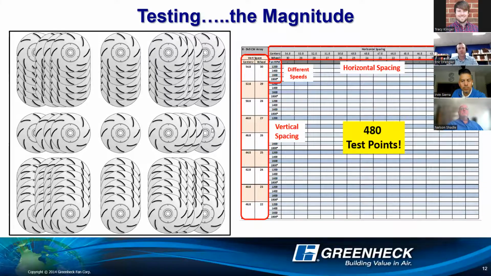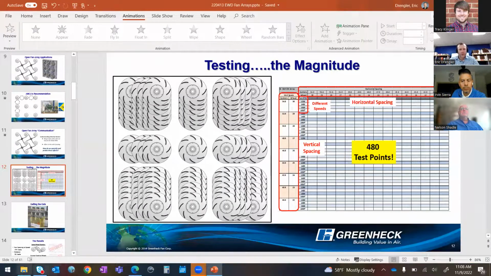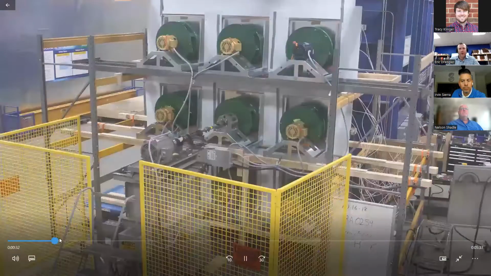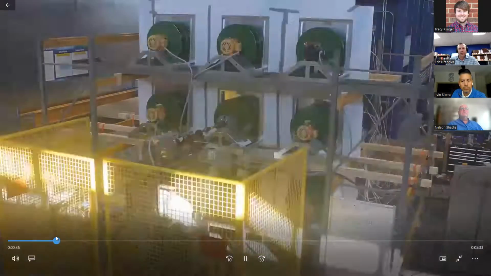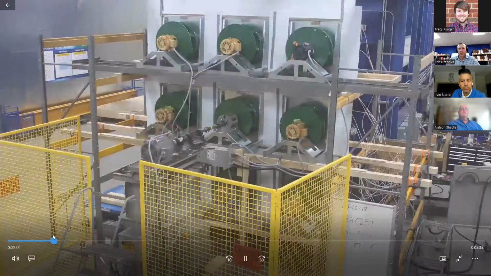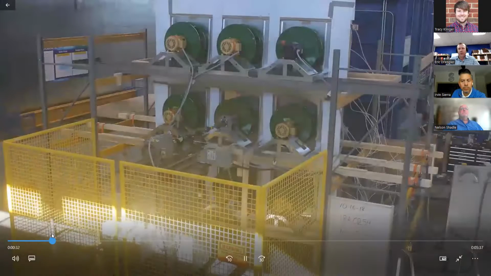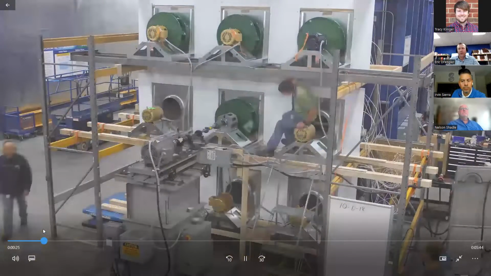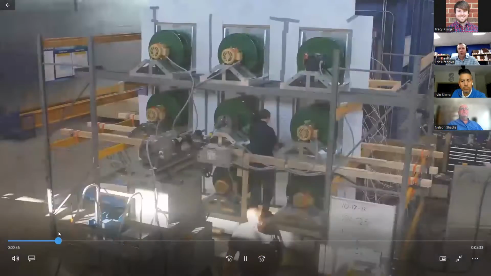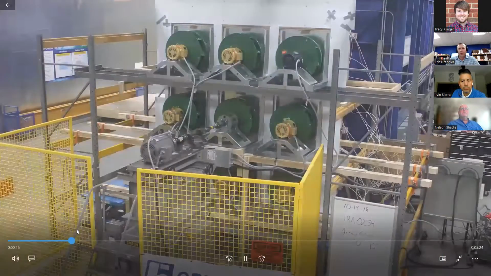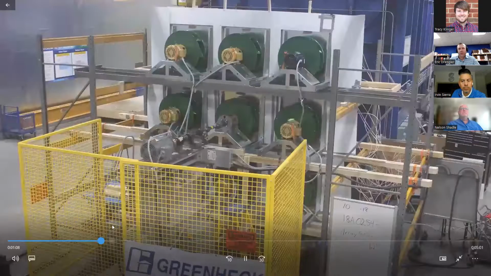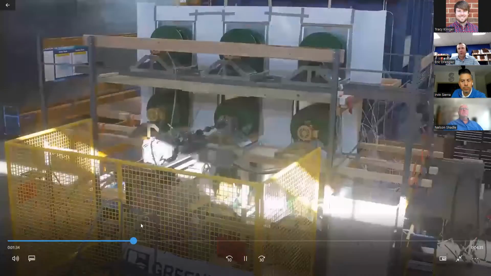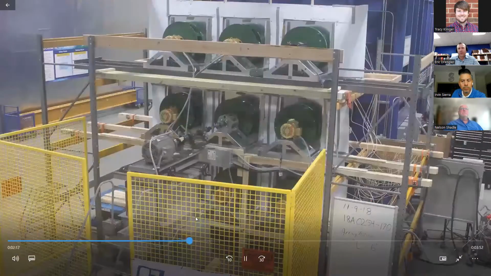I'm going to switch over to a video here to give you an idea of what it took to do this testing. If you look in the lower right, you'll see a whiteboard with a date on it. We actually started October 11th, 2018. And you can see we're moving fans around, different spacing, we're running at different speeds, and this is on one of our AMCA air chambers.